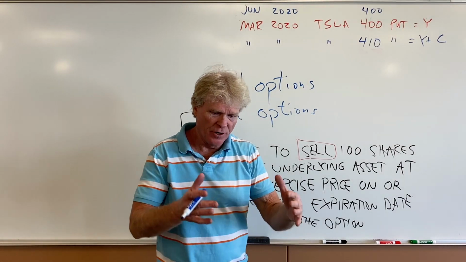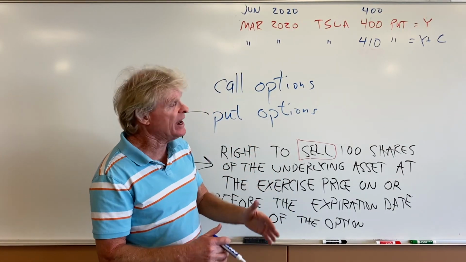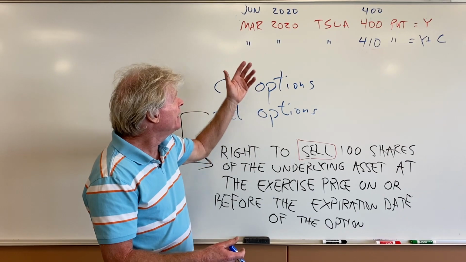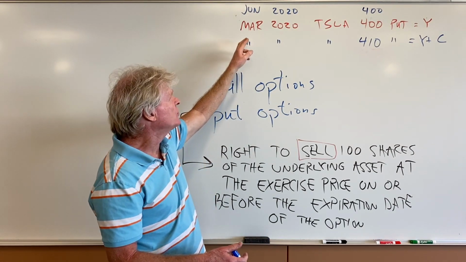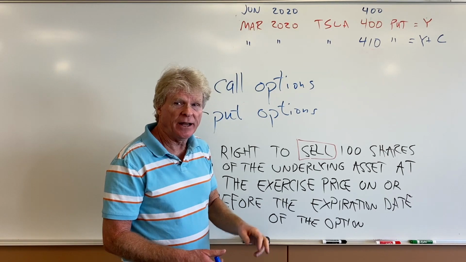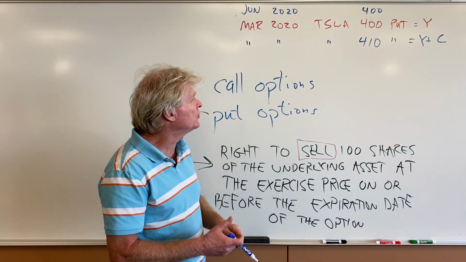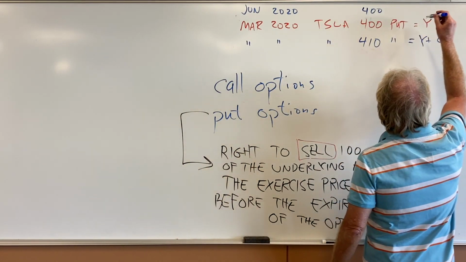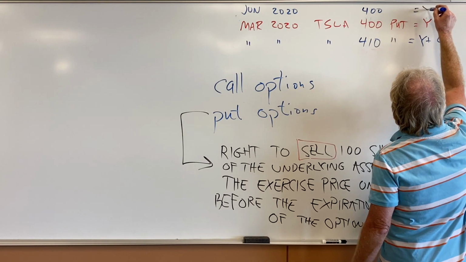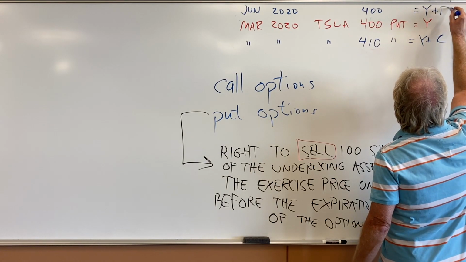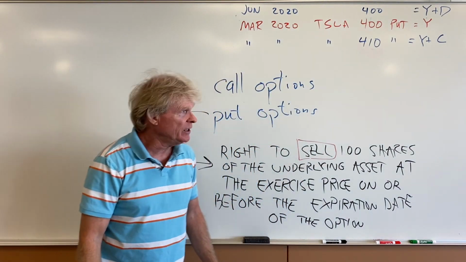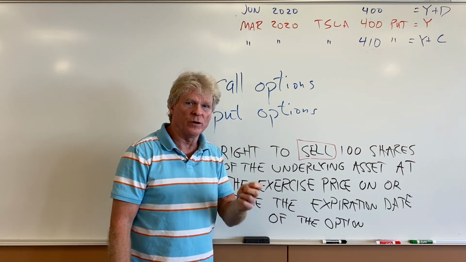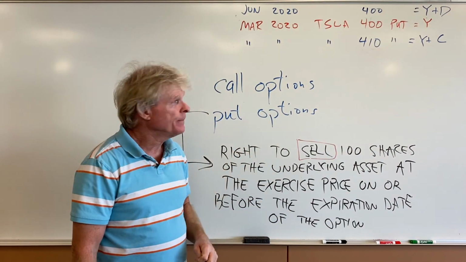Something that lasts for 3 months or something that lasts for 6 months? Well, you'd rather have something that lasts for 6 months. And because this is more desirable, in equilibrium, that June expiration put will have a higher price than the March expiration put, given that they have the same strike price, the same exercise price. So its price in equilibrium will be Y plus some additional amount, which I'll just call D.